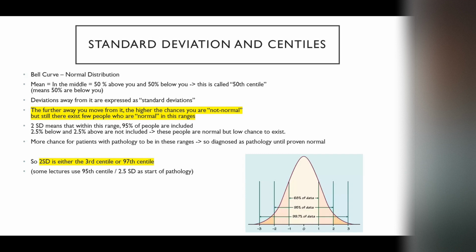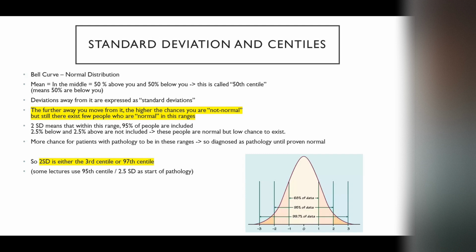If we go on the minus 2 and plus 2, you're going to have 2 standard deviations distance from the mean. So that's your 2 from 0, minus 2 or plus 2. It will either be the 3rd centile if you're minus 2, and the 97th centile if you're plus 2.